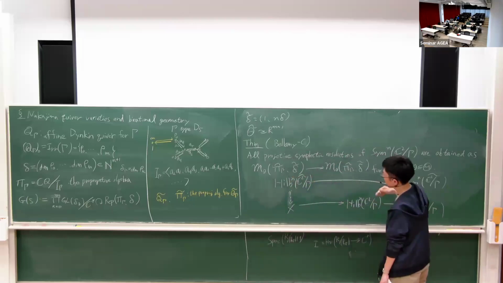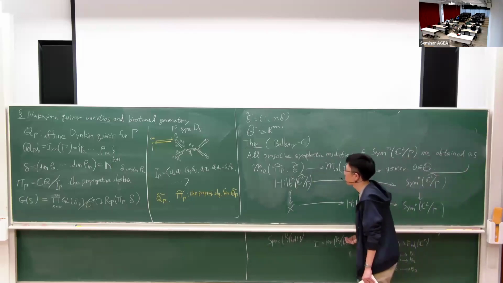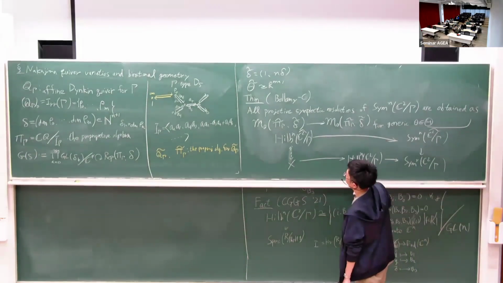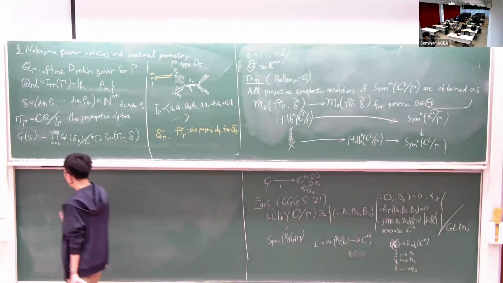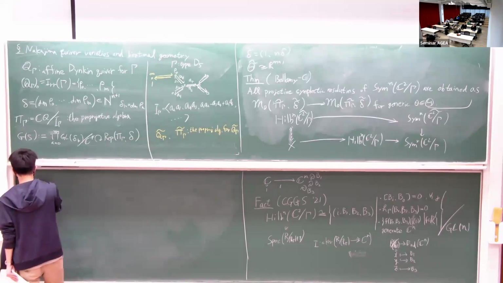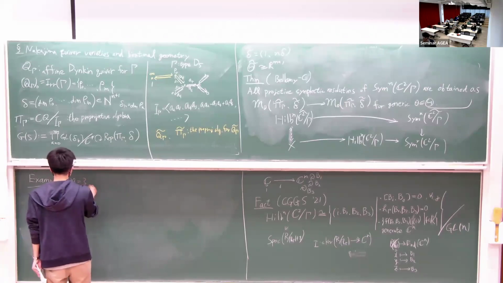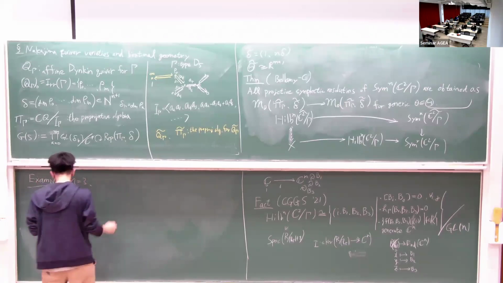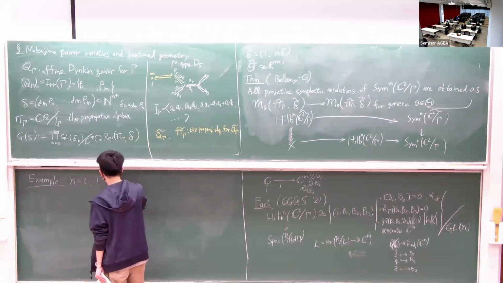So in fact, we can say more about the structure of the resolutions. So let's see some example. Here we consider the case where n is equal to 3. So here we consider the Hilbert scheme of 3 points for the ADE singularity of type A2.